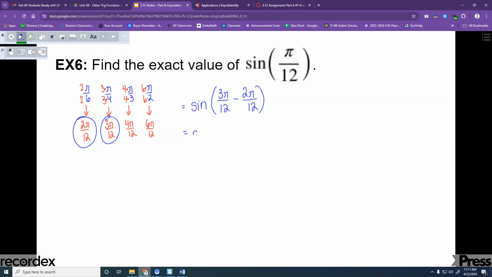But if I reduce them back, 3 pi over 12 is pi over 4, and 2 pi over 12 is pi over 6, right? I changed everything to 12s first to show you why in the world I'm using pi over 4 minus pi over 6, right? But pi over 4 minus pi over 6 does give us pi over 12. So once I have it broken up like this, I've got two angles and they're subtracted.